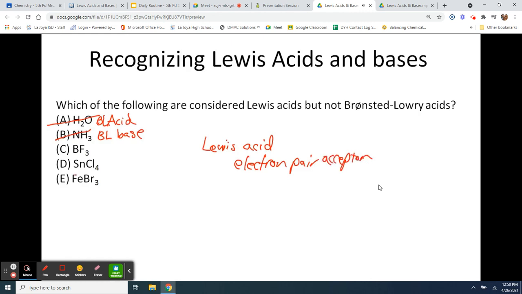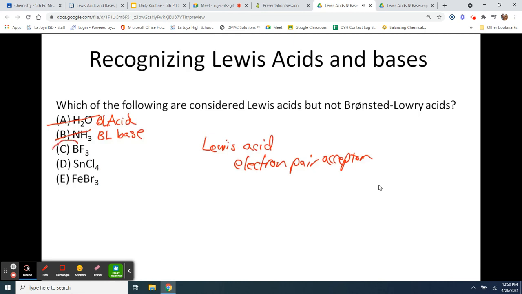Why can they accept them? BF3 can accept another electron pair so it can fulfill its octet. Now, tin and iron are both transition metals, and transition metals usually can violate the octet rule because they have a d orbital, and also they have a strong positive charge, so that they can accept another electron pair.